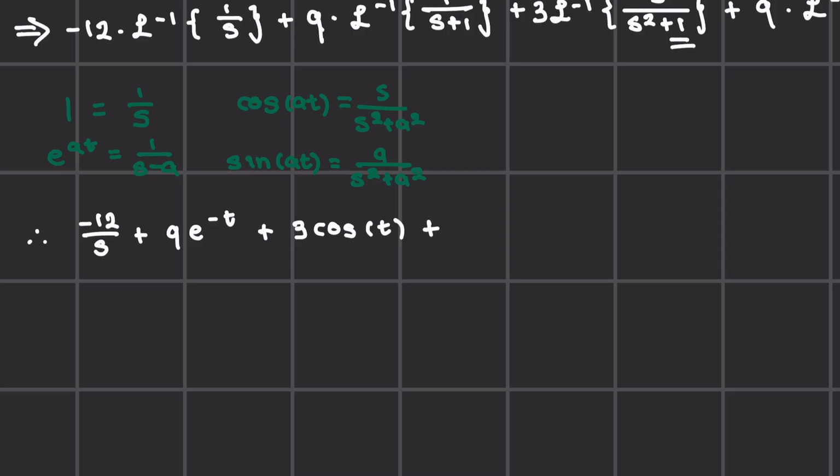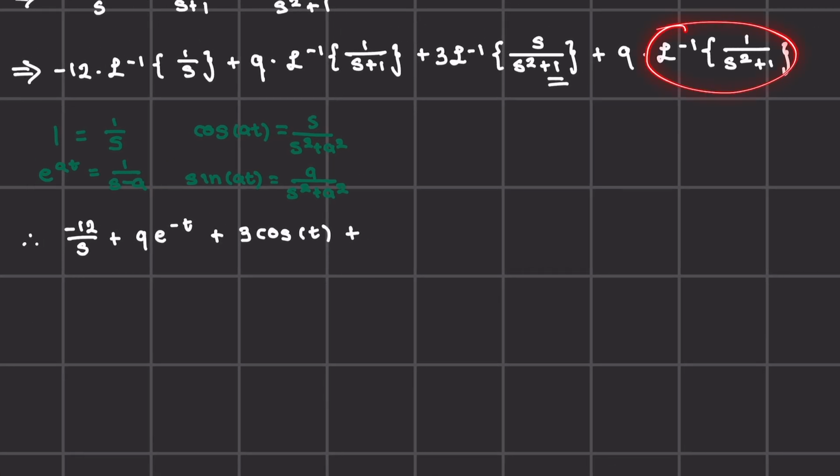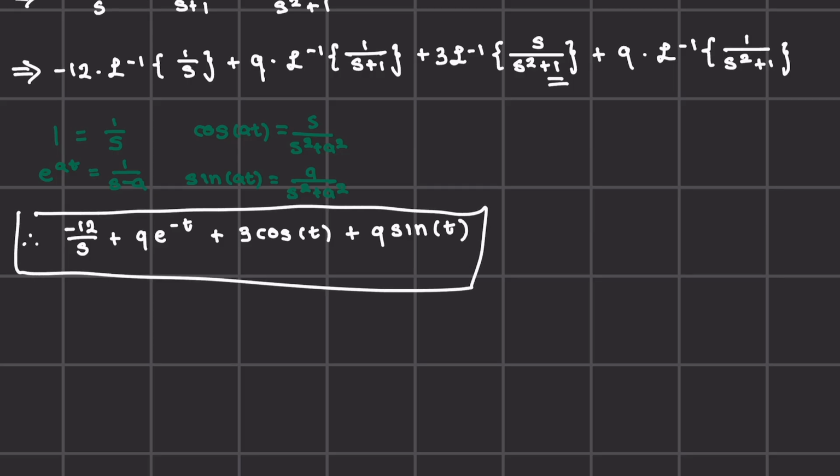Last but not least, we're going to use sine of at for our last inverse Laplace transform right here, 1 over s squared plus 1, or 1 over s squared plus 1 squared. So we have here 9 times sine of 1 times t again, and we can just simplify that into sine of t. Therefore, that is our final solution for our third example of doing today's inverse Laplace transform.